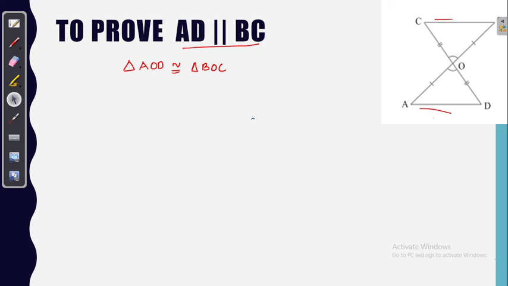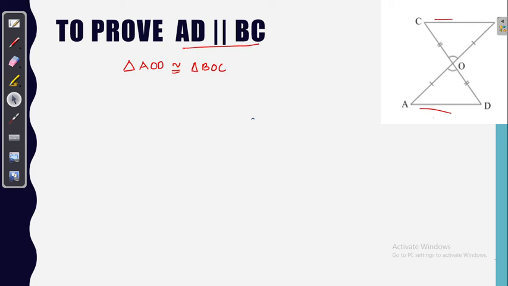Corresponding angles should be equal, ma'am. Alternate interior angles should be equal. So here, these two triangles are congruent, no, ma'am? Yes, we have proved it already.